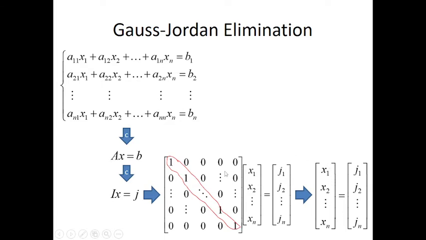This is the simplified form of Ix. Ix, when multiplied, corresponds to X alone, because I is an identity matrix. So as you notice, the identity matrix when multiplied by the column vector x becomes column vector x.